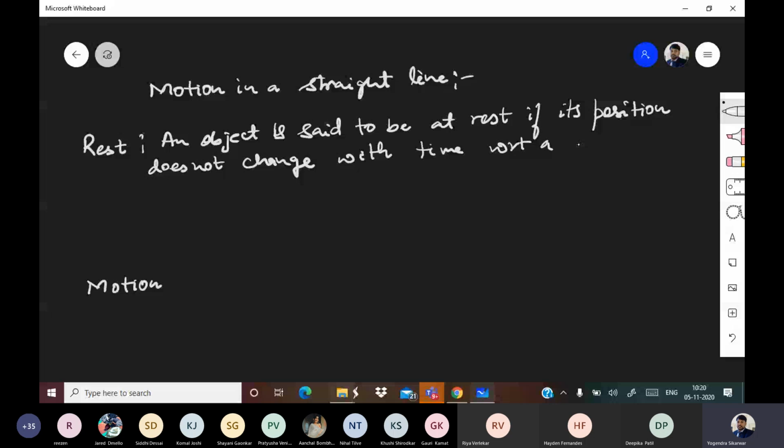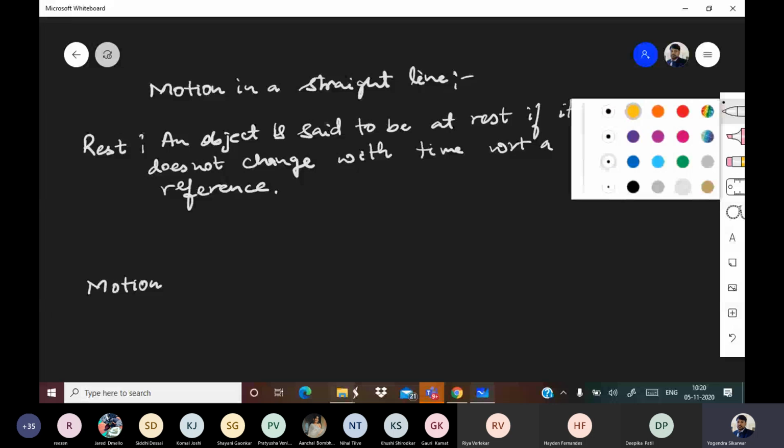Okay. So an object is said to be at rest if its position does not change with time with respect to a frame of reference.